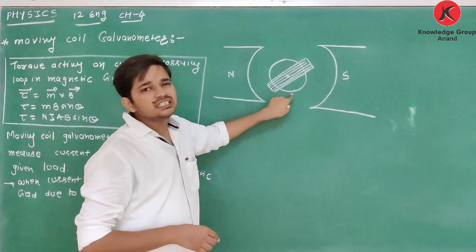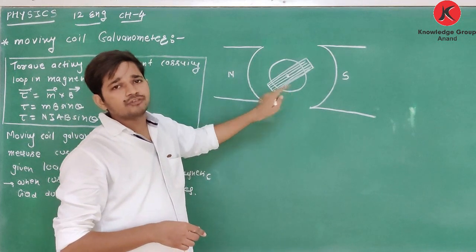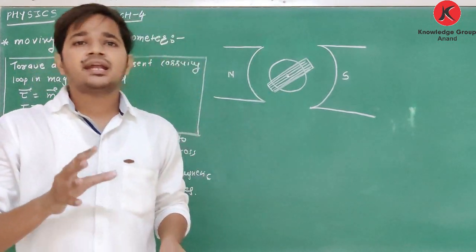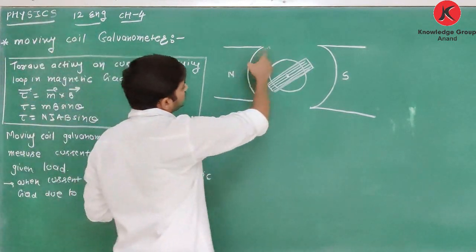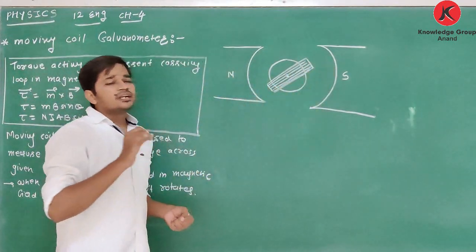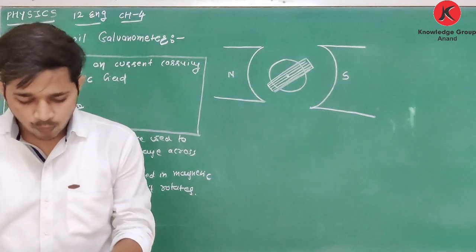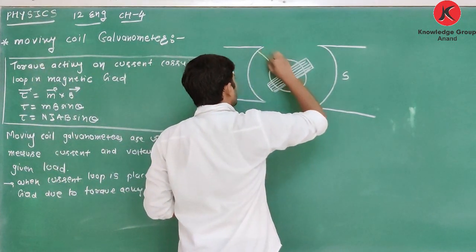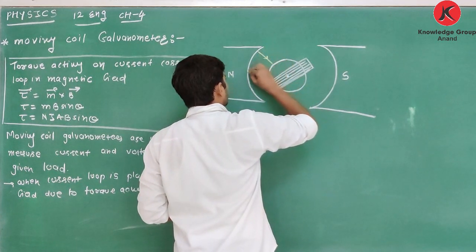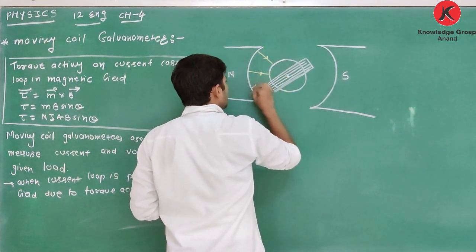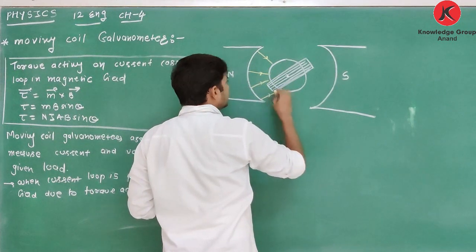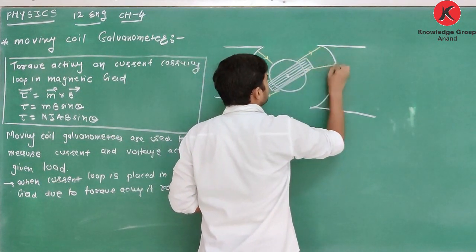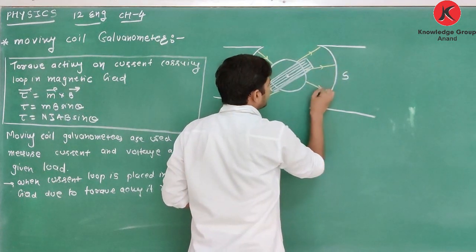Why is this soft iron core used? To maintain a uniform radial magnetic field. Why are the poles in this shape? To produce a radial magnetic field like this. Uniform radial magnetic field.